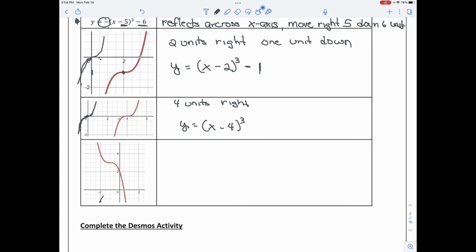Okay? Again, it normally would look like this. So what did I do to this one? Notice my end behavior has changed. So I can see that I reflected it over the x-axis. And then I moved it up 2.